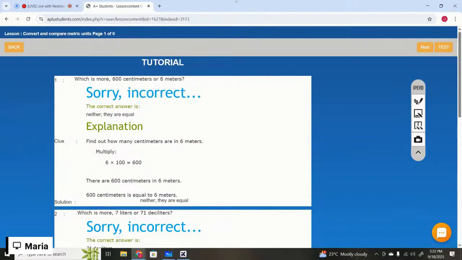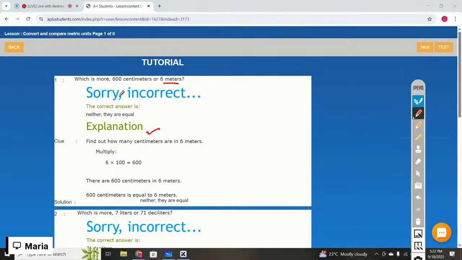Which is more, 600 centimeters or 6 meters? So again, when we are comparing, they must be in the same units. So convert these 6 meters to centimeters. 1 meter equals 100 centimeters, so you have to do 6 times 100.